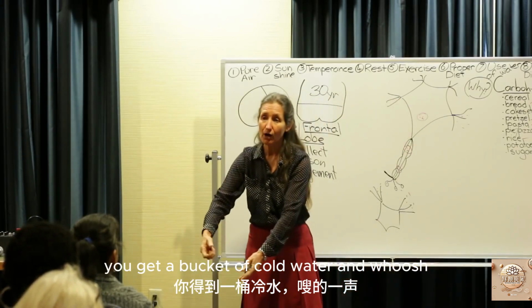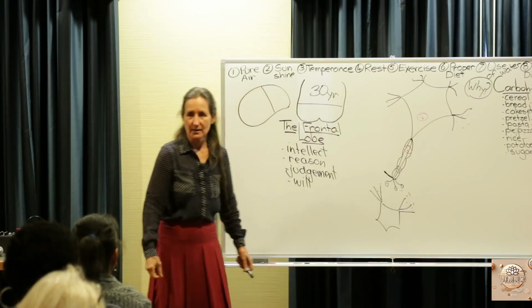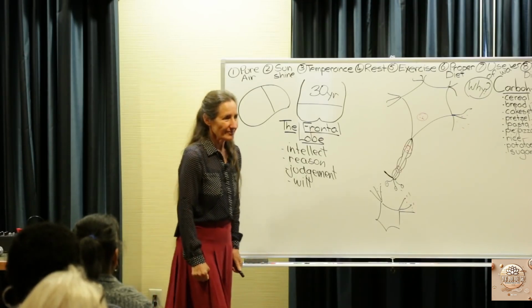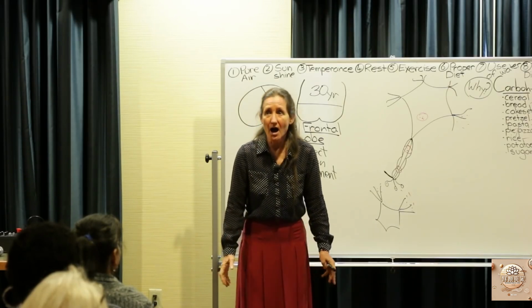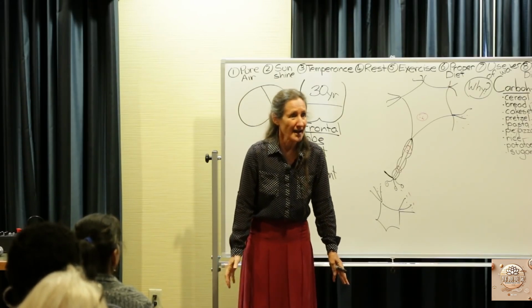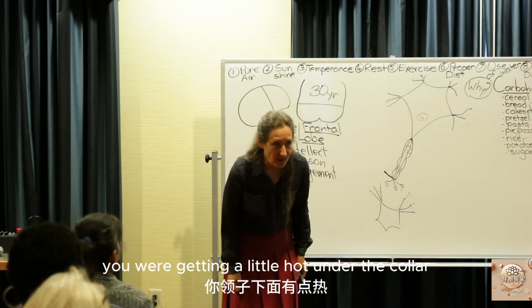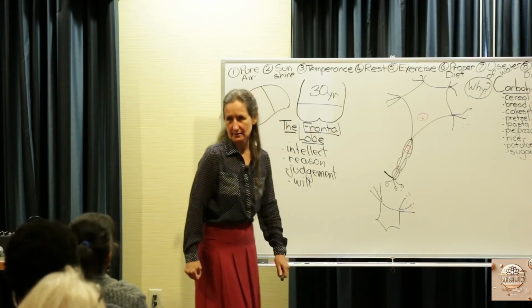You get a bucket of cold water and whoosh, the child will go, looks at you, you look at the child, says, that was cold. And mother says, yes, you were getting a little hot under the collar. I just wanted to cool you down.